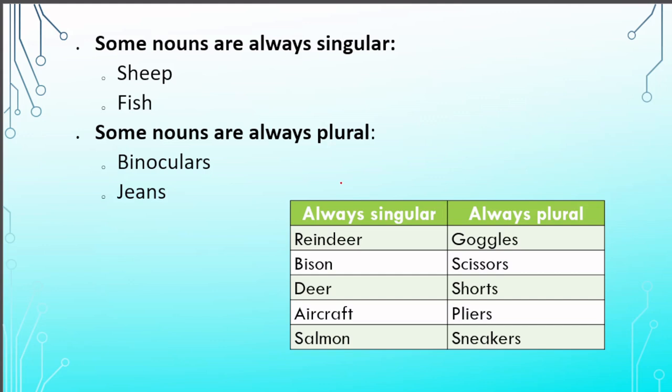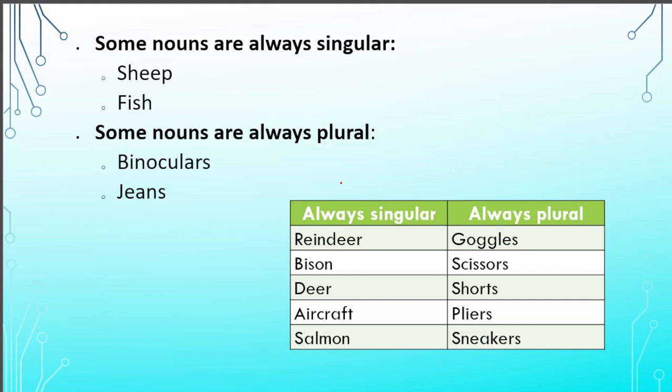Next, the last two rules. Some nouns are always singular. Examples sheep, fish, reindeer, bison, etc. You cannot add s or es with these words. They always stay as singular. And the opposite, some nouns are always plural.